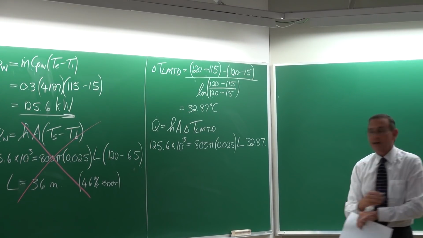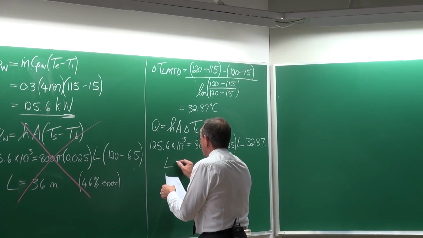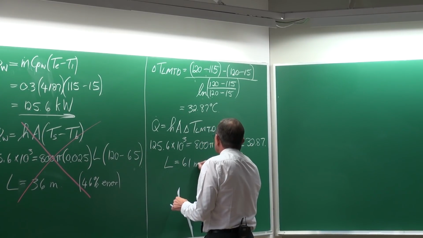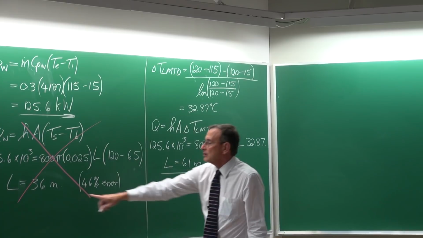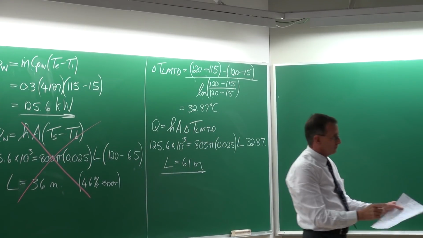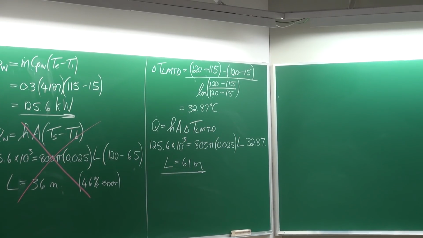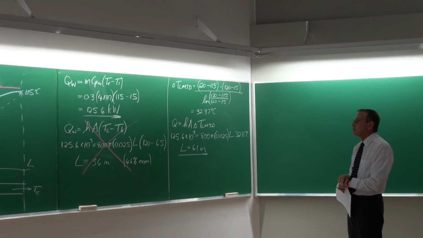Therefore, correctly calculated, this length should be 61 meters and not 36. So that is a 46% error in the surface area required to get that temperature.